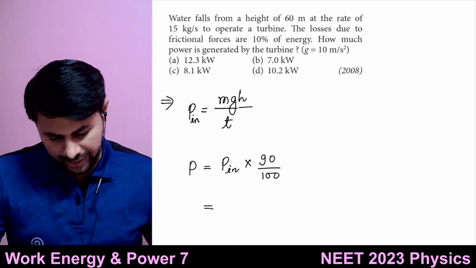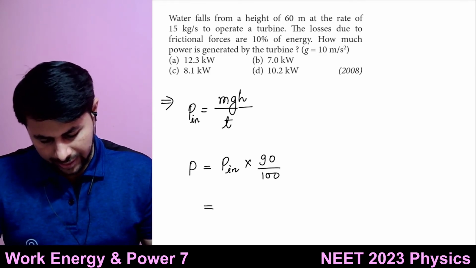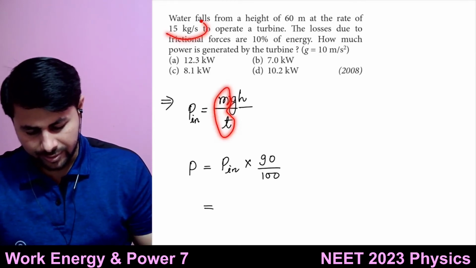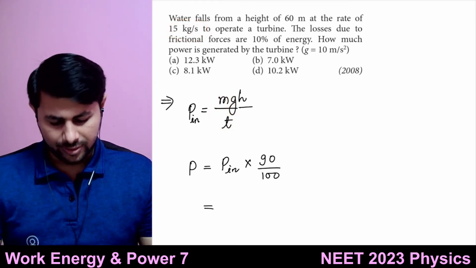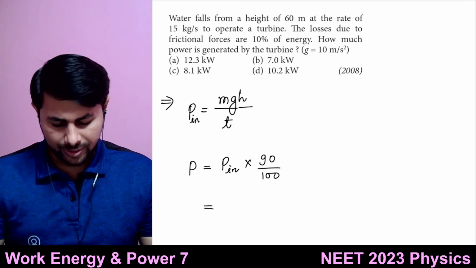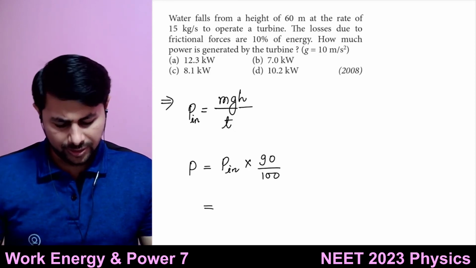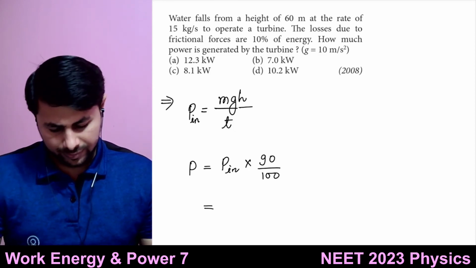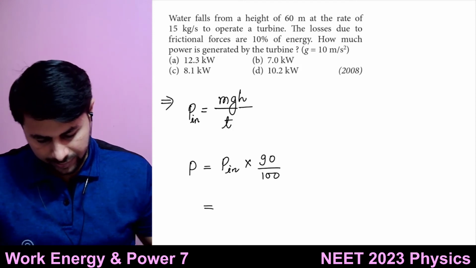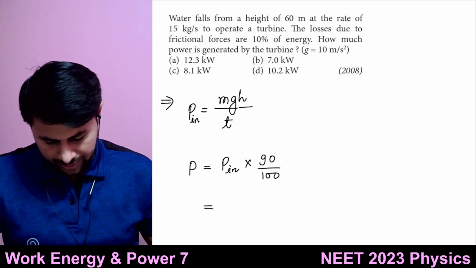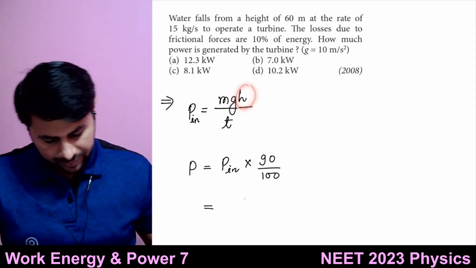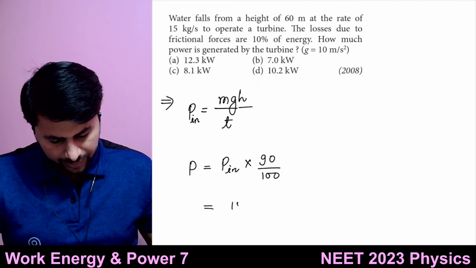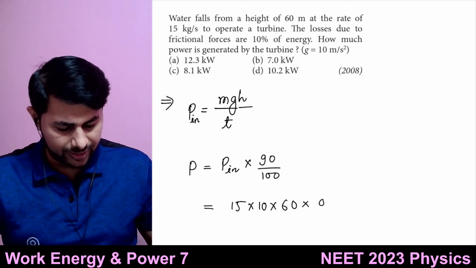So mgh, so you are given m by t, which is 15 kgs per second. It falls at the rate of 15 kgs per second. That means you are given m by t. Then you can substitute the values. So m by t is 15, g is 10, and h is 60. So it is 15 times 10 times 60 multiplied by 90% or 0.9.